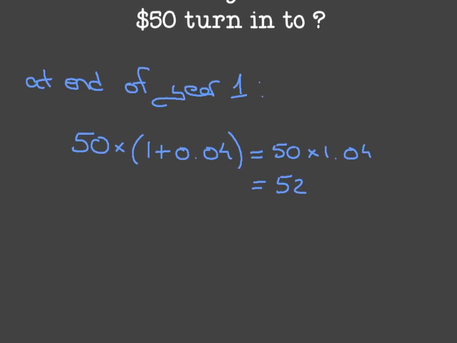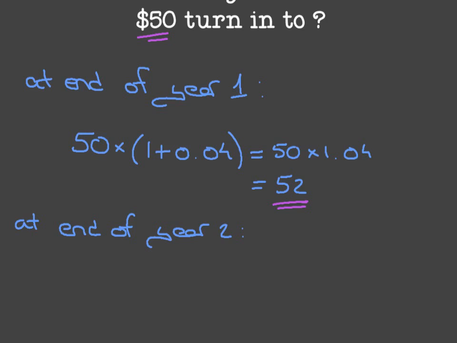Now for the second year, we can carry on in the same way and calculate what she has at the end of year 2. We're going to do exactly the same calculation, but this time, instead of using the initial amount, which was $50, we're going to use the amount she had at the end of the first year. So that's $52. In other words, we're now adding interest onto how much she has after the first year has gone by.